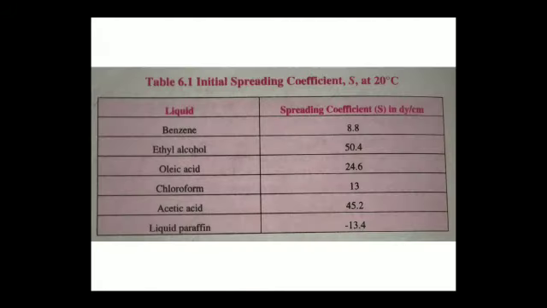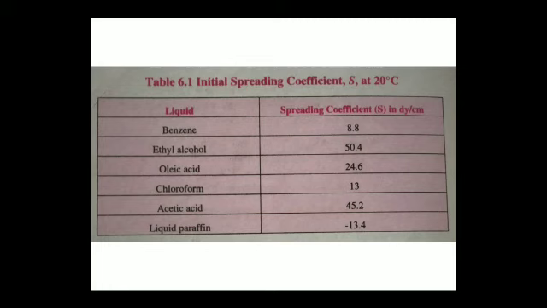Examples of spreading coefficients of some compounds at 20 degrees centigrade. Benzene has a spreading coefficient of 8.8 dynes per centimeter. Ethyl alcohol is 50.4 dynes per centimeter. Oleic acid has 24.6 dynes per centimeter. Chloroform has 13 dynes per centimeter.